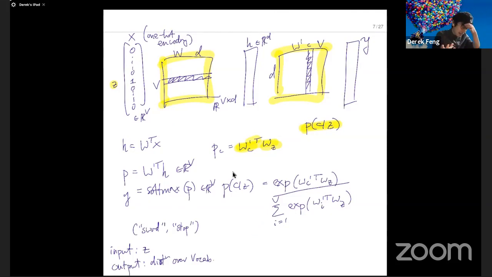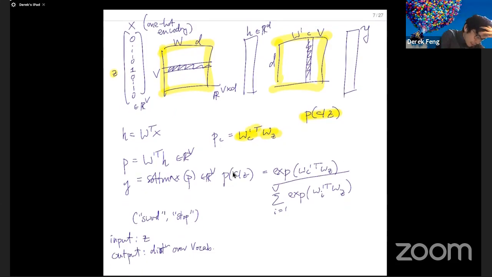What does that mean? That tells me, in my current model, if the previous word is stop, what probability I assign to the next word. Then I know that the actual word in my training corpus is sword.